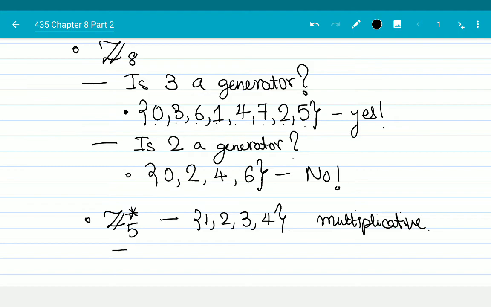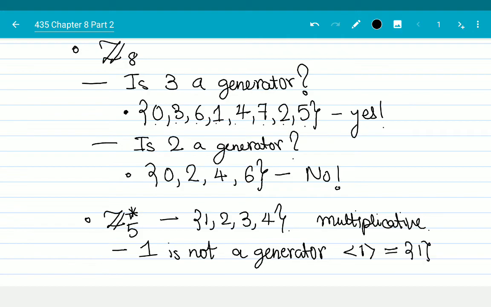So the identity is 1, right? 1 is obviously not a generator because any power of 1 is 1. The subgroup generated by 1 is just 1.